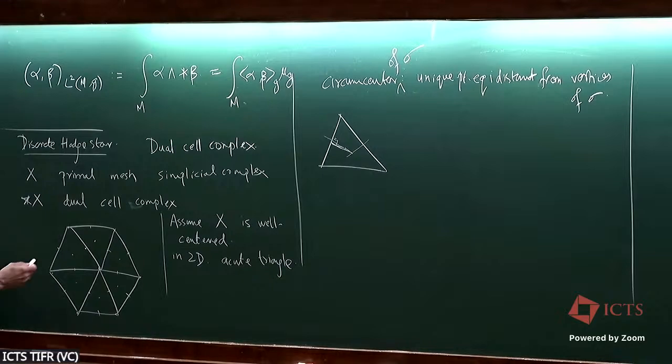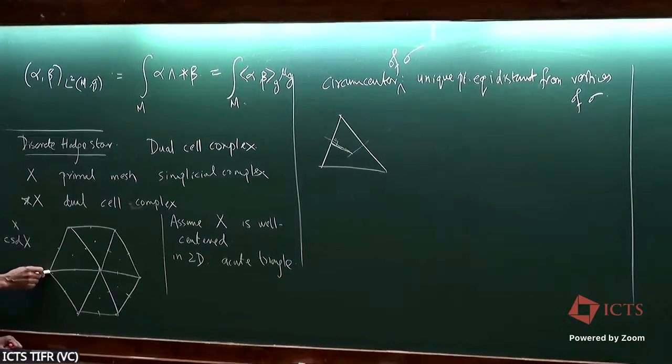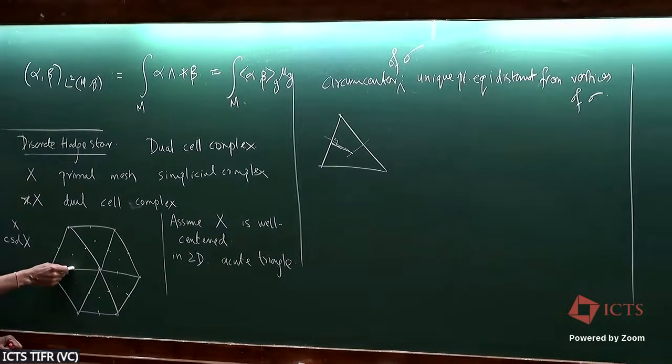So then you do a subdivision with these new vertices that you have. So we had X, and what we are building, we'll call the circumcentric subdivision of X. What you do is you start at the vertex, go to every edge on which the vertex lies, then go from that edge to every triangle in which the edge lies.